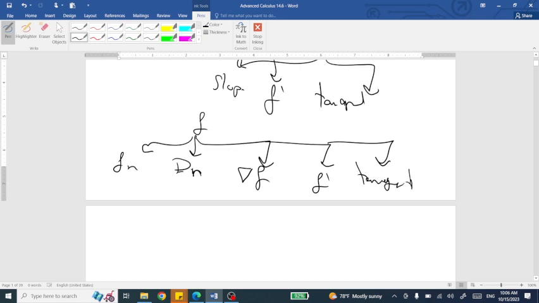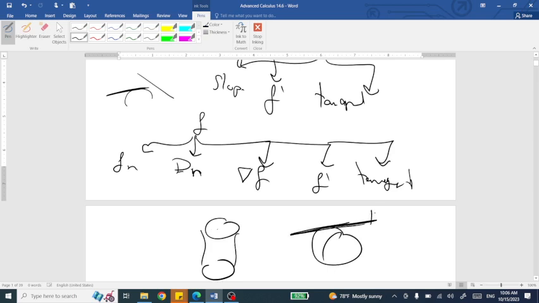But the tangent here is different from the others. Because in calculus, when we have a curve, we talk about the tangent line. Here, in advanced calculus, we have, for example, some cylinder, some sphere. We talk about a tangent, maybe the plane is the tangent, maybe one line is the tangent. So we have many things here.